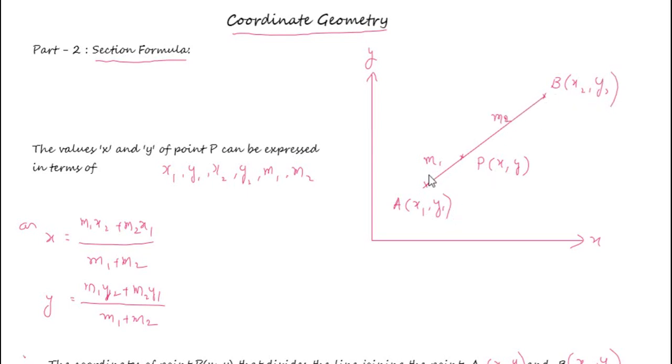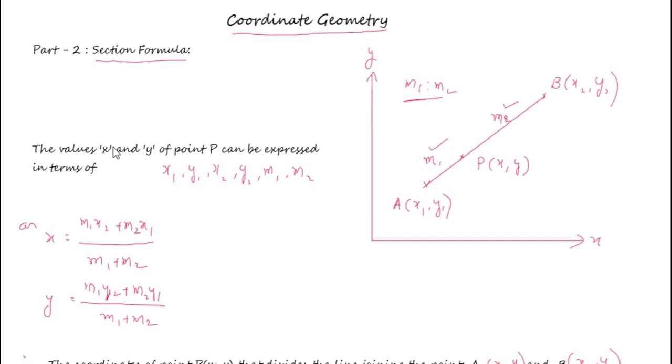On the line joining points A and B, there is a point P whose coordinates are x and y, and this point P divides the line AB in the ratio of m1 colon m2. If this length is m1, this length is m2.